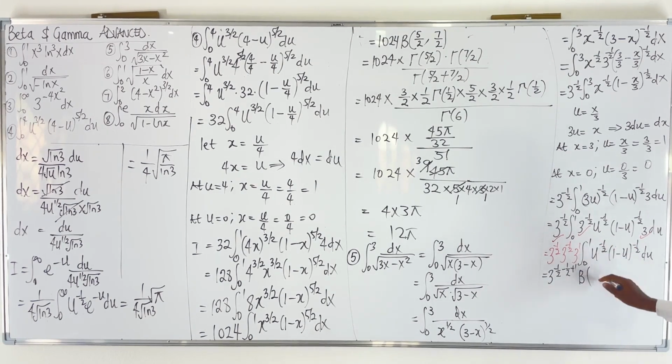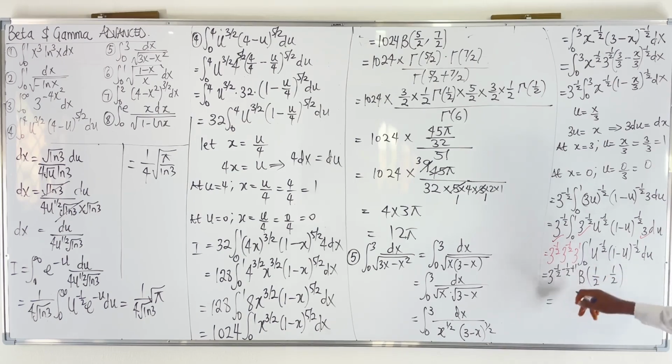So minus half plus 1, that's half. Minus half plus 1 again, that's half. Now what is the answer of this? The answer is just 0. Minus half, minus half is minus 1, minus 1 plus 1, that's 0. So 3 to the power of 0 is 1. So the answer is just this beta part.